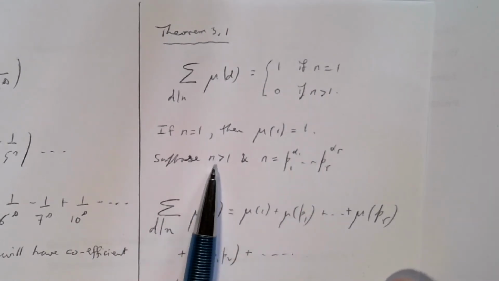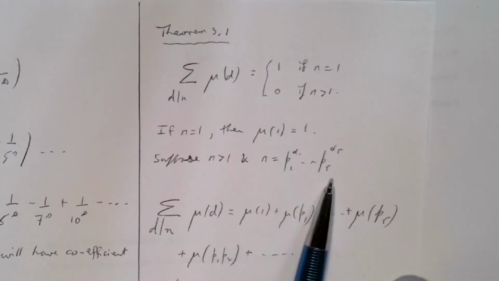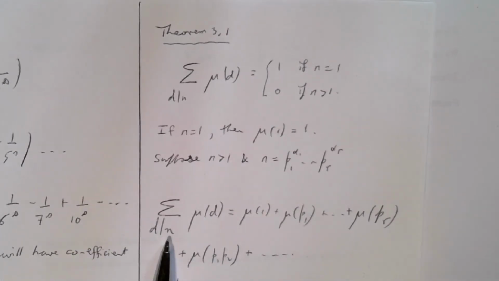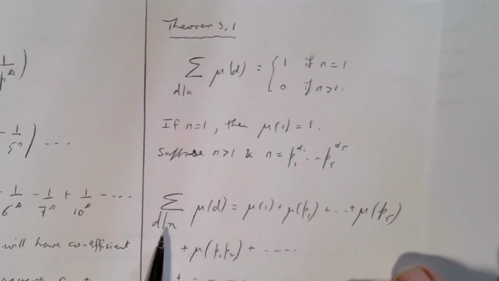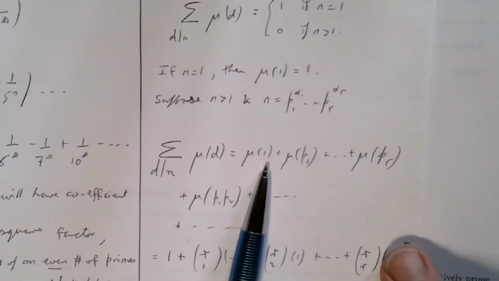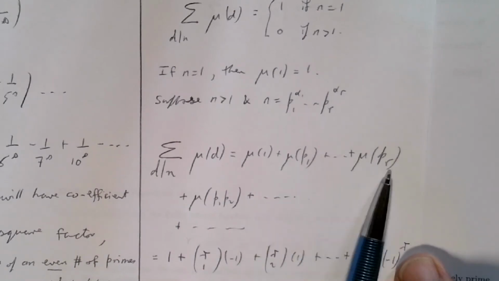If n is bigger than 1, then I can write n as its unique prime factorisation. And now when I take the sum over the divisors of n, well, the first divisor of n is 1, so I get mu of 1. The next divisors of n are p1 up to pr, so I get mu of p1 up to pr.